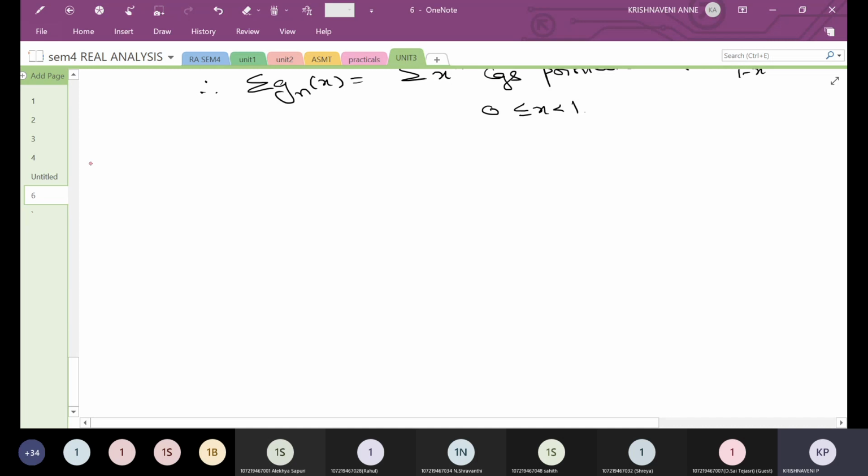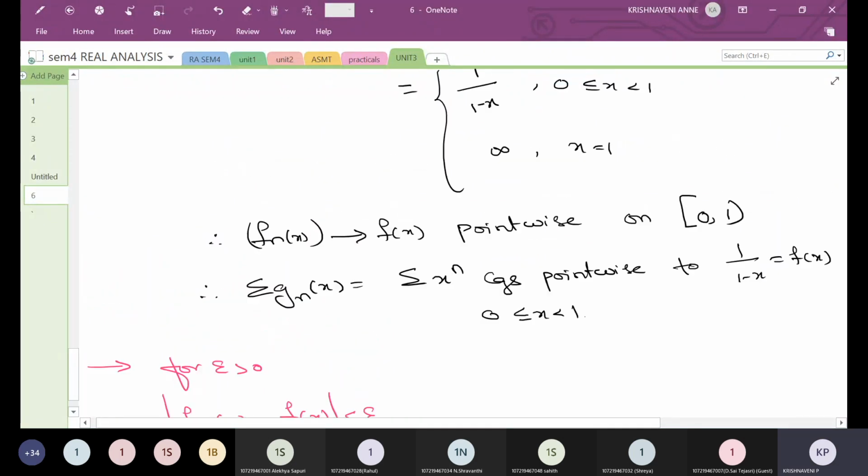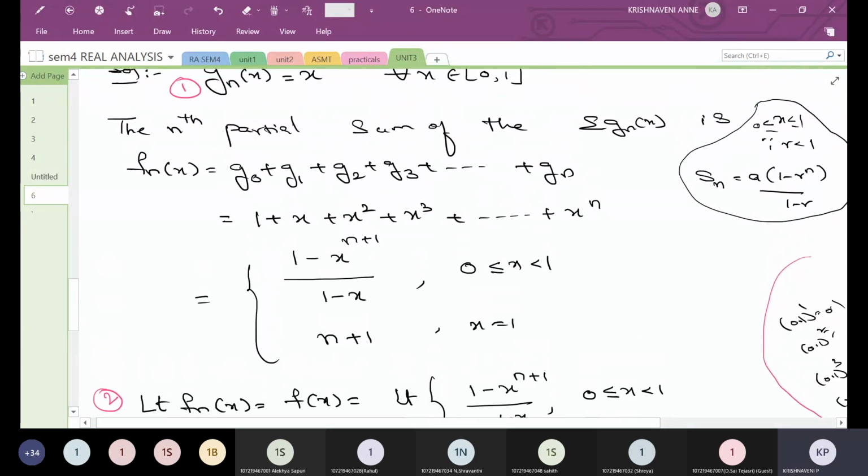So we'll take epsilon greater than 0, and consider mod fn of x minus f of x is less than epsilon. So what is fn of x here? What did we take fn of x as? This entire thing is fn of x.